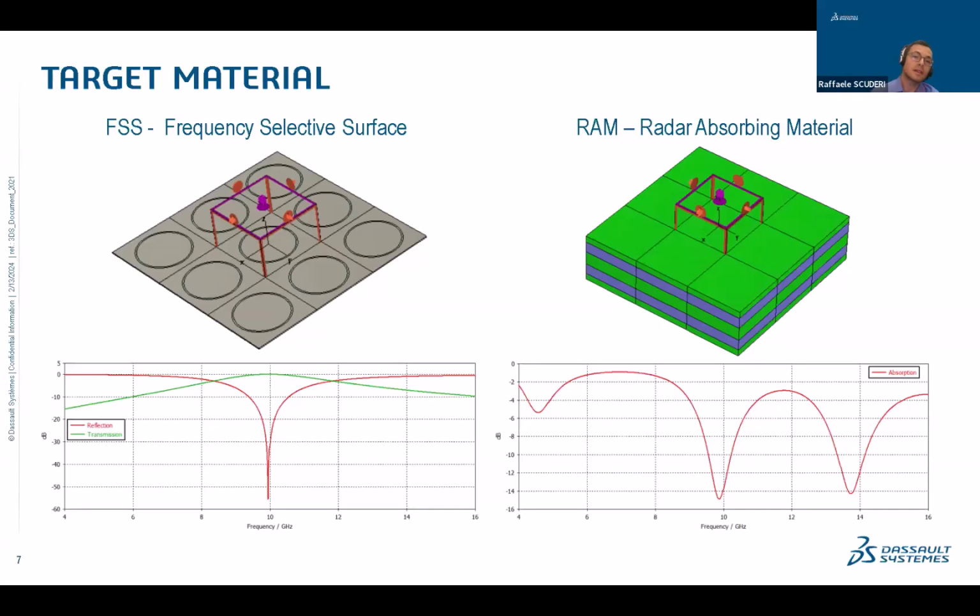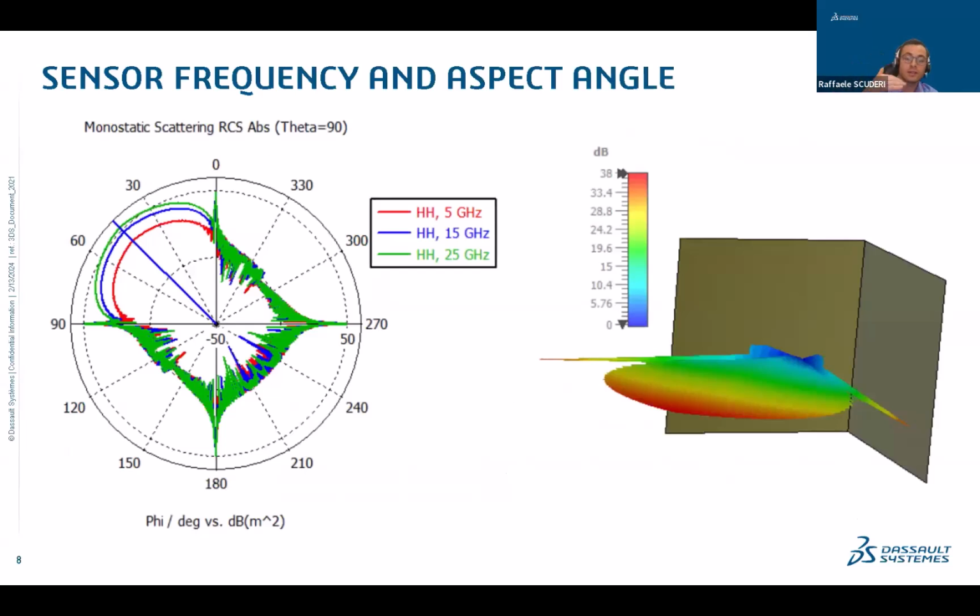And that's the typical case of a frequency selective surface or a radar absorbing material, which is normally designed to absorb your signal and reduce the scattering level, so the RCS. Frequency and aspect angles are also very important. For example, here for a PEC flat body, you can see that the higher the frequency, the higher the monostatic RCS when we have a plane wave impinging normally on the plate.